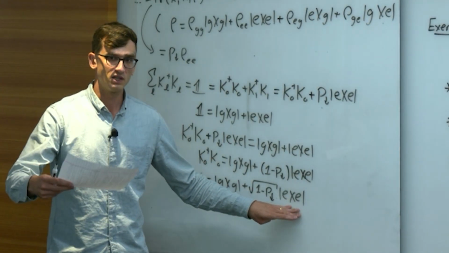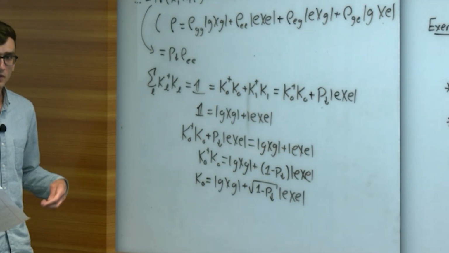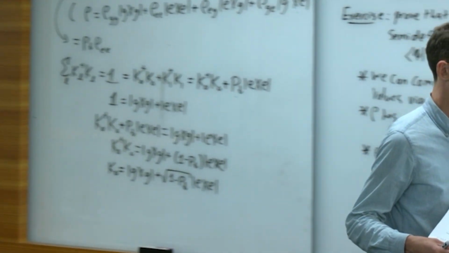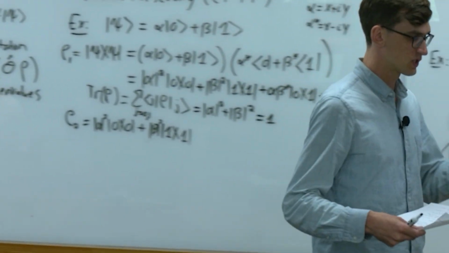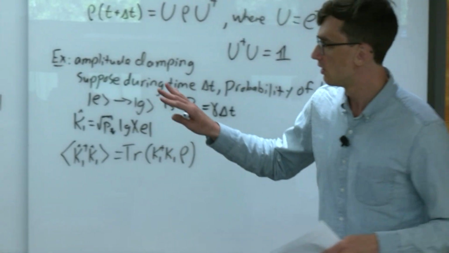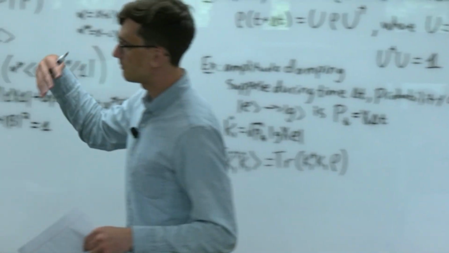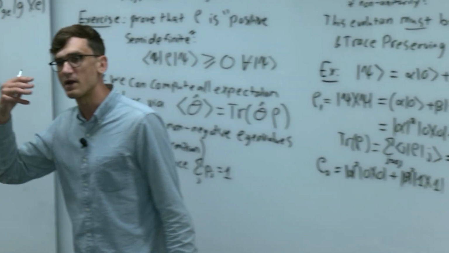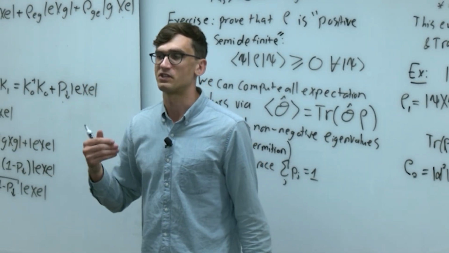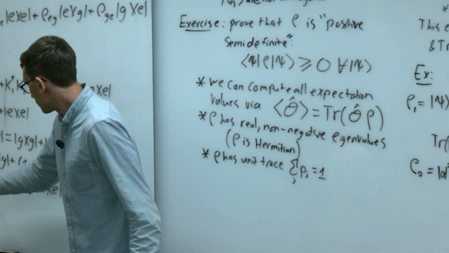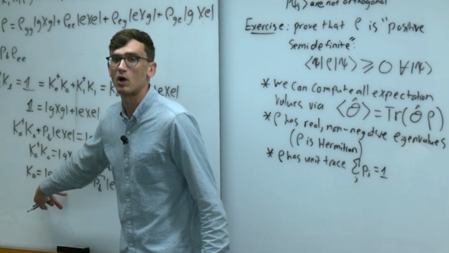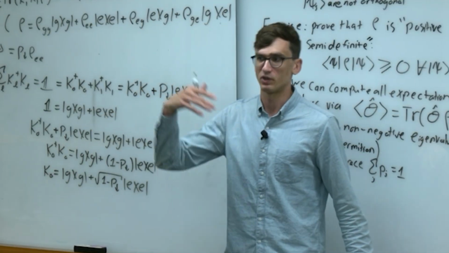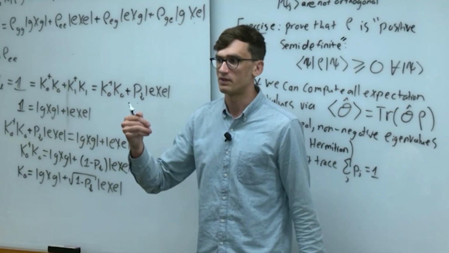So what that tells you is that anytime you don't experience a jump, you're updating your priors about what the state of the system is. Every time you don't have a jump, you become more and more confident that you're actually in the ground state, because the only time you experience a jump is when you're in the excited state.